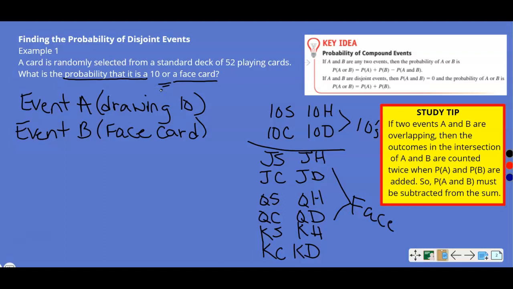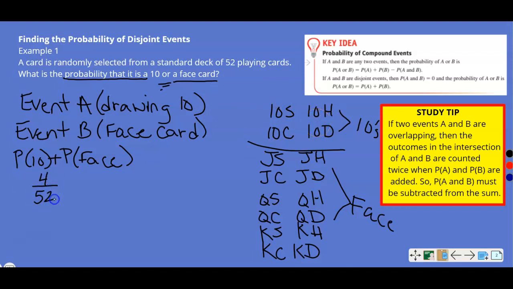All right, so we're going to do the probability of 10 plus probability of face card. All right, so 10s again, if we look up here, we've got 1, 2, 3, 4.